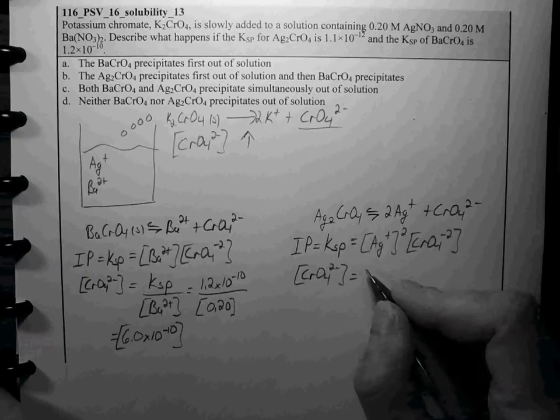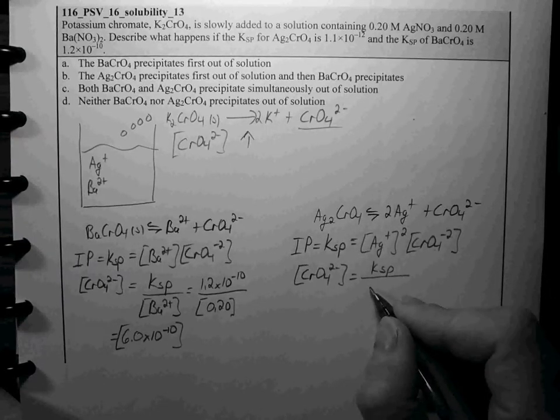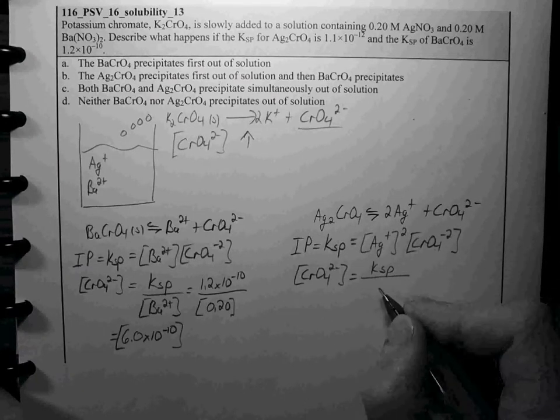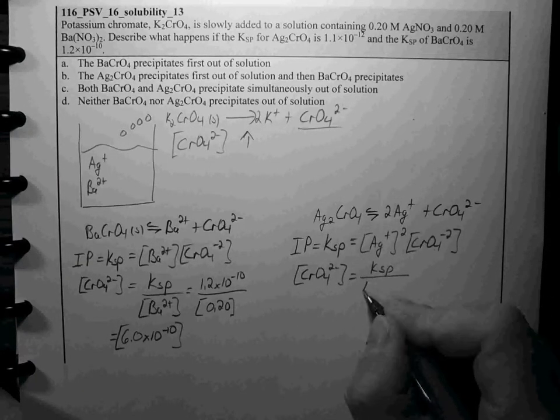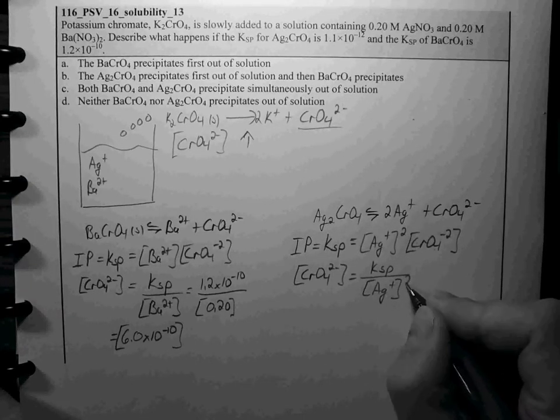That's going to equal KSP divided by Ag plus squared.